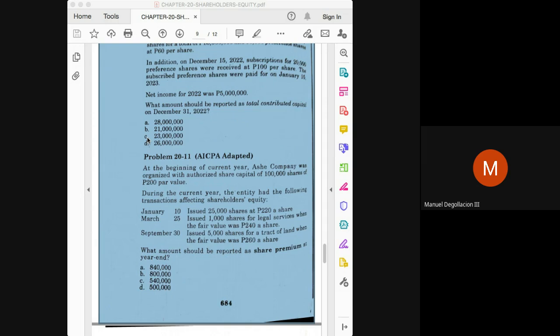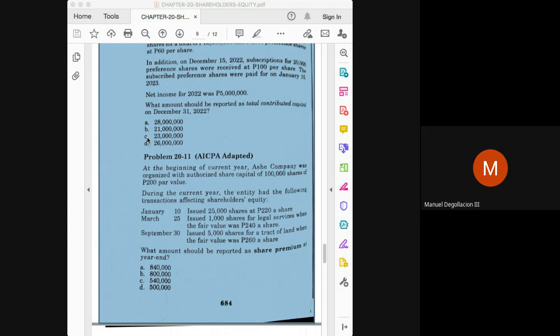Okay, so the entry will be debit expenses and credit share capital and share premium. The amount that will be credited to share capital would be the par value of these 1,000 shares, so that would be 200,000, and then the credit to share premium would be the excess. Okay, the fair value exceeds the par value by 40. So there will be share premium of 40 per share. So 40 times 1,000, you will have 40,000.